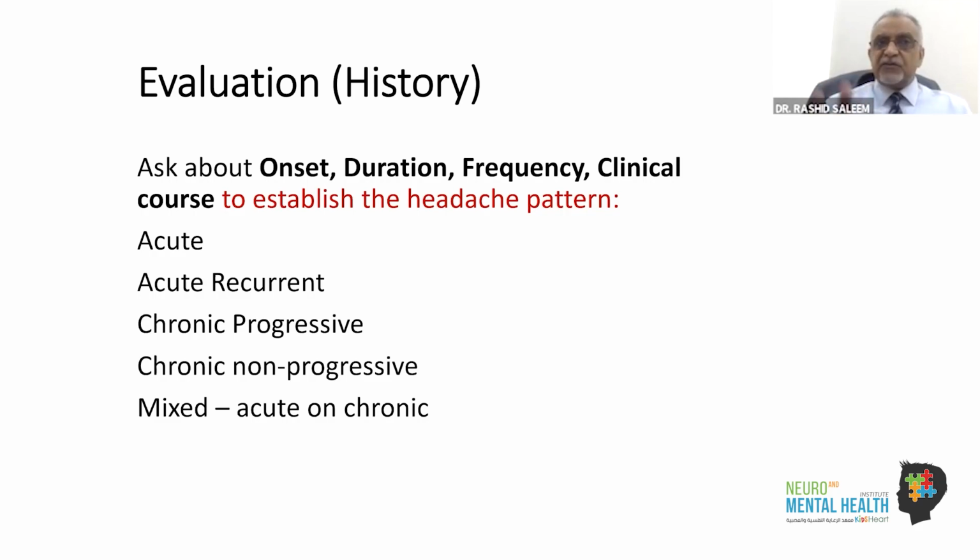So first thing, when you start history taking, ask these questions to establish first whether this patient has acute headache or acute recurrent headache, because that will reduce the number of questions you will be asking, but yet you will be specific. Okay, so first establish the pattern of headache.